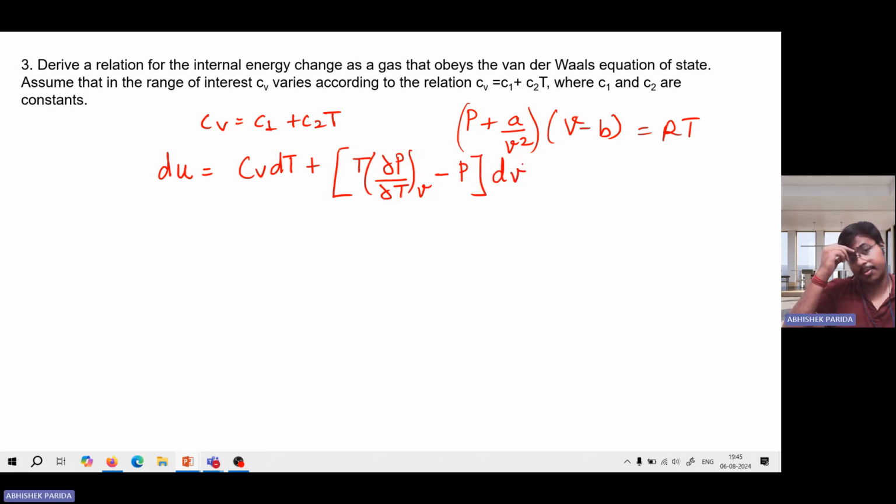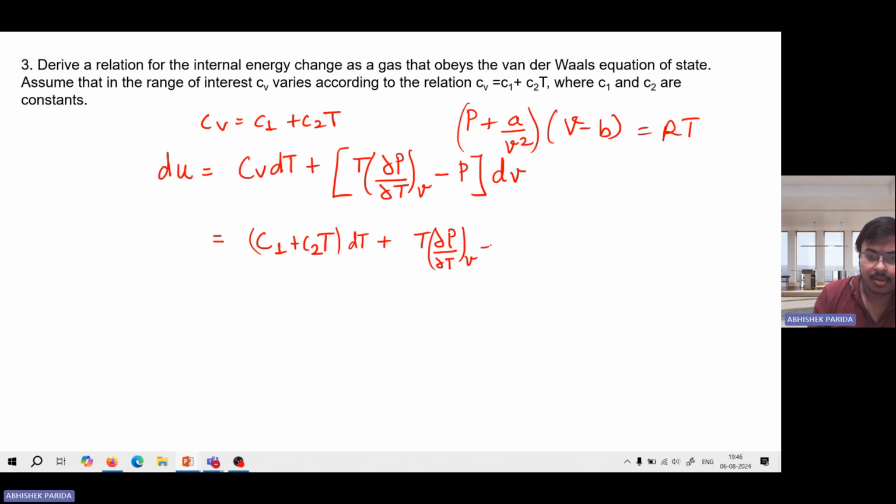So always try to remember these formulas. That will be very handy. From here, one term is Cv dT. In case of Cv dT, you will write C1 plus C2 T dT. Then T dou P by dou T at constant volume minus P into dV.